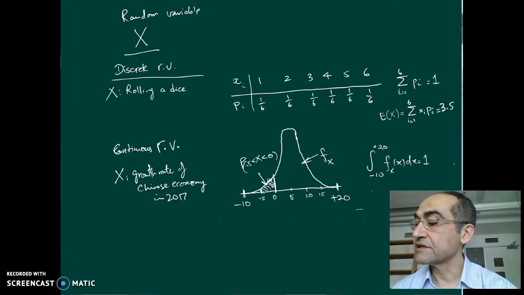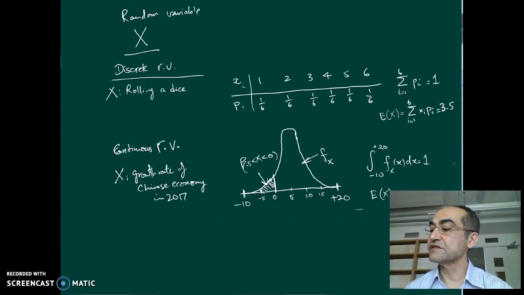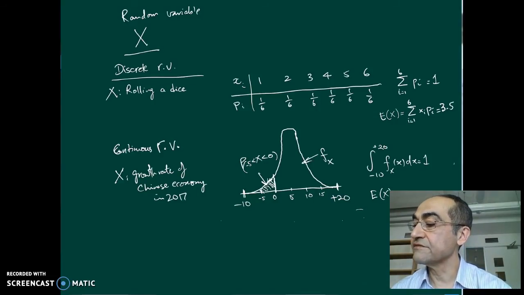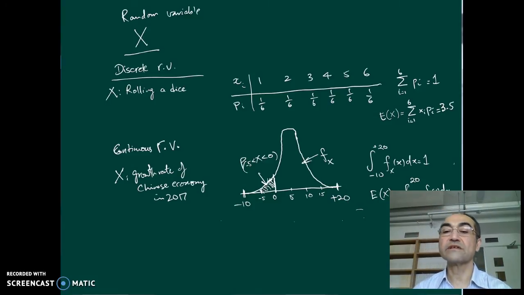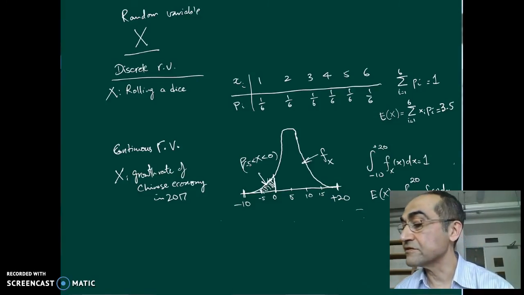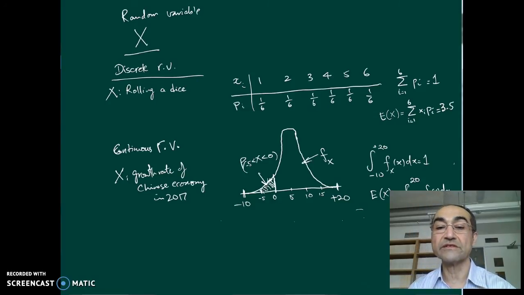And then expected value of x, similar to the discrete case, but this is continuous, can get any possible value between minus 10 to 20 of x, f of x dx. So we multiply x by the f and sum it up, but in this case we integrate because it can have continuously many outcomes between minus 10 and 20.